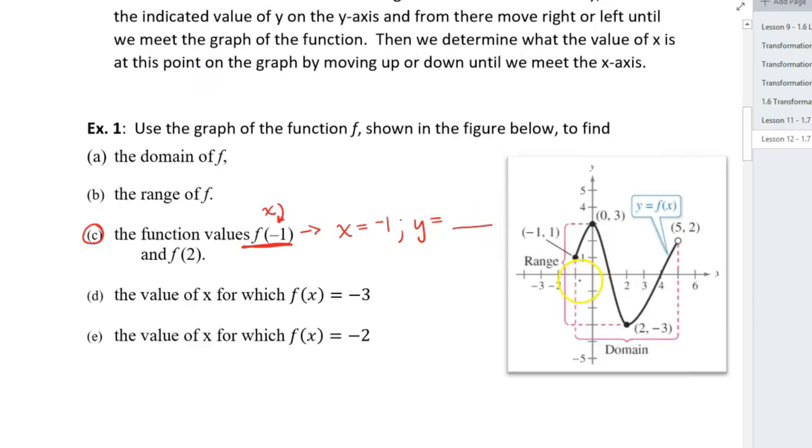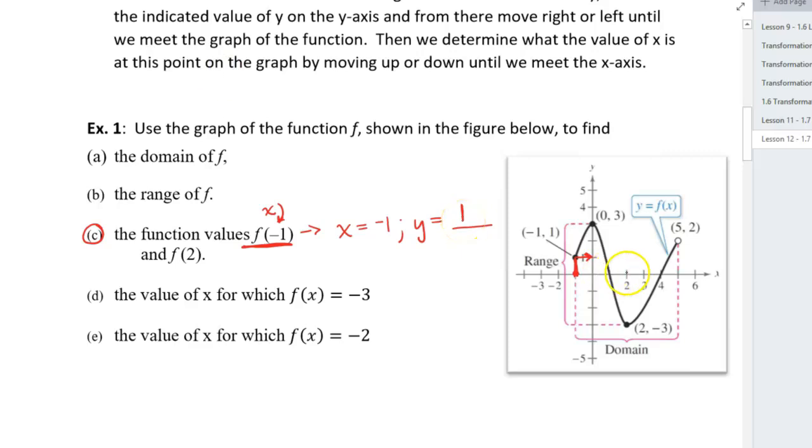So what I want to do is go to -1 on the x-axis, which is here, and then go up or down until I hit the graph, which is there. And then I can go to the y-axis to see what that value is. So f of -1 is equal to 1.